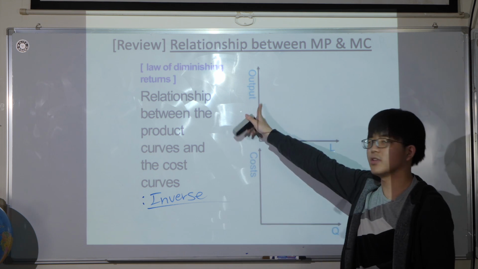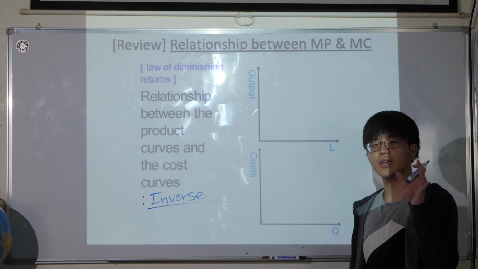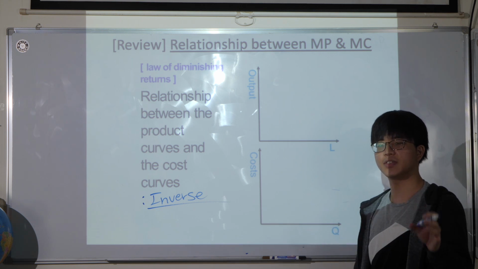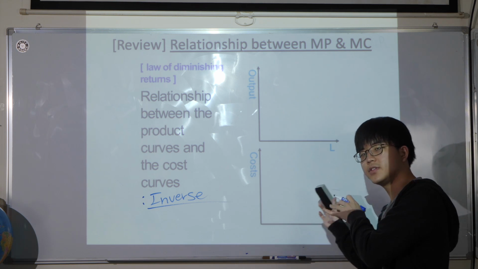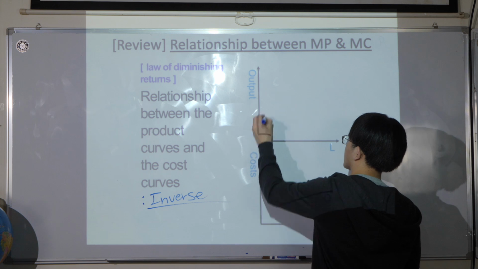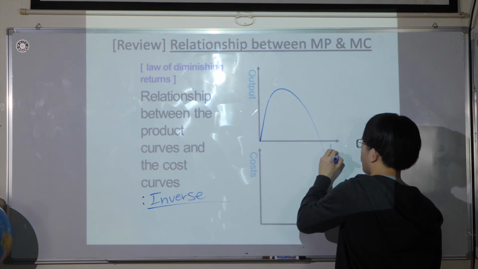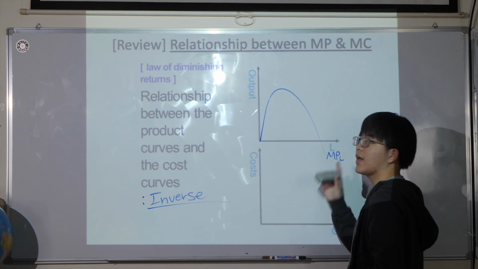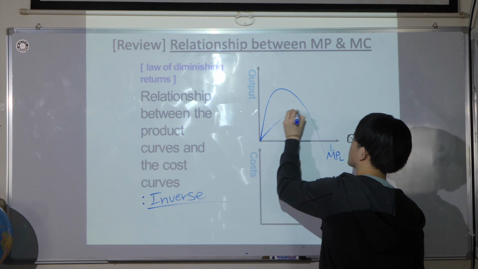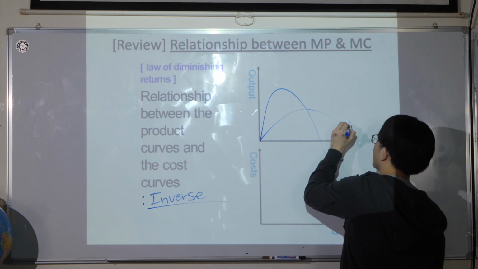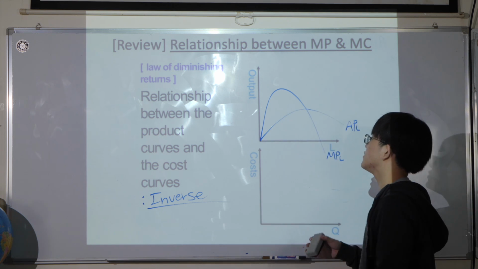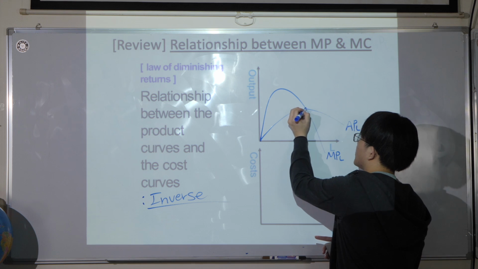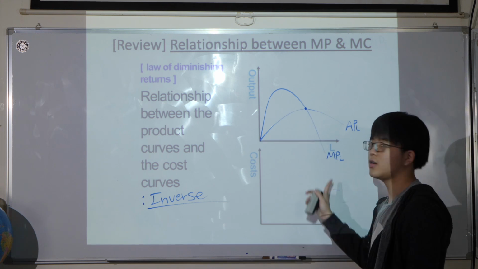This is for the product curve, and if we draw the AP and MP curves, I usually recommend always drawing the marginal one first. So the MP curve looks like this, and we will have the APL curve, which will look like this. Again, the maximum of the APL curve should pass through the point on the MPL.